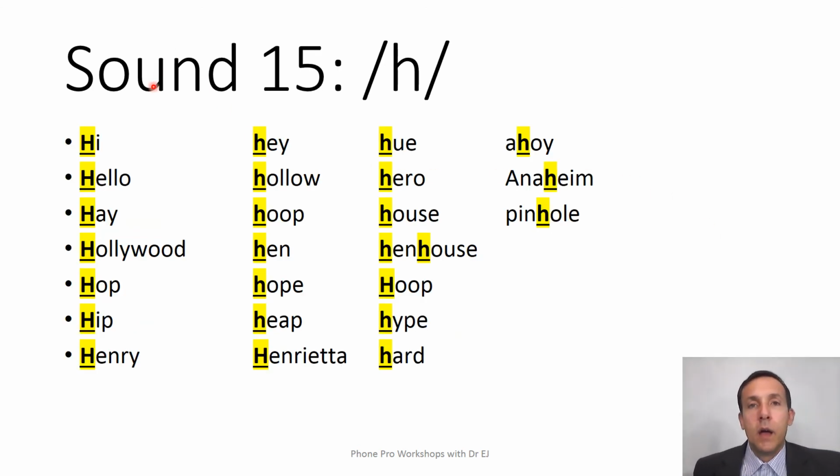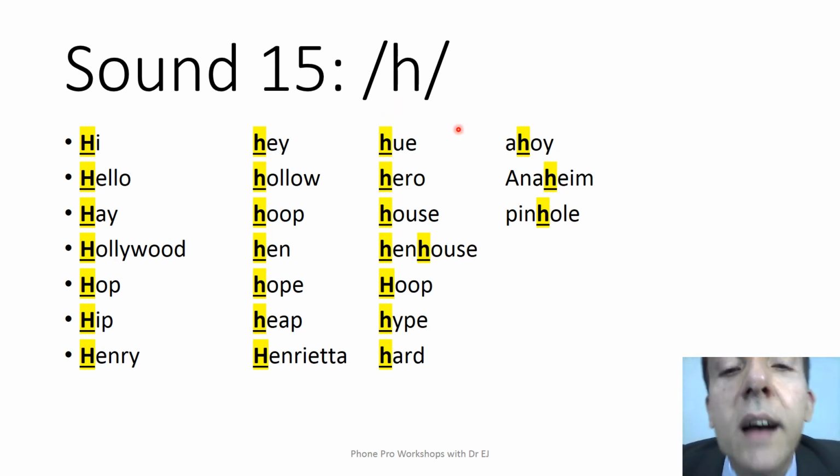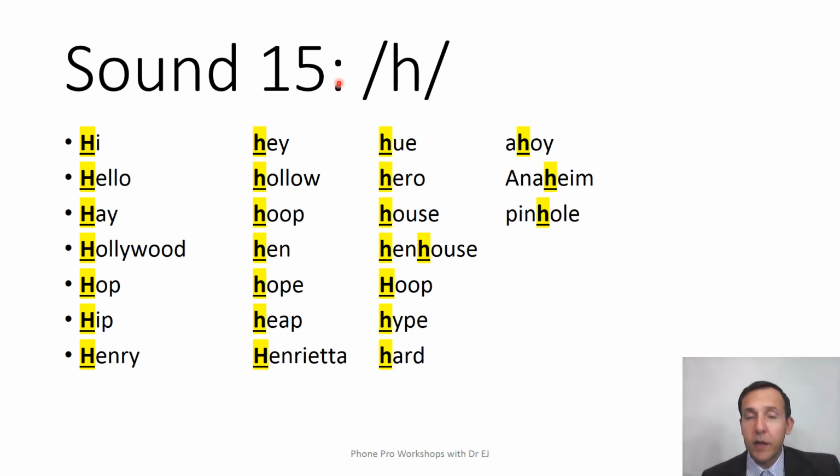Okay, here we are. This is sound 15. Now, be very careful if you speak French Creole, Haitian Creole. I'm sorry, not French Creole, but Haitian Creole. If you speak Russian, be careful.